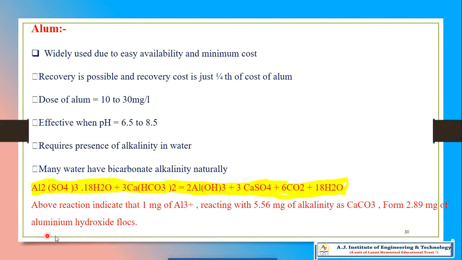This floc will arrest the solid material which would not settle by its own gravity, and make it settle easily at the bottom of the sedimentation tank.